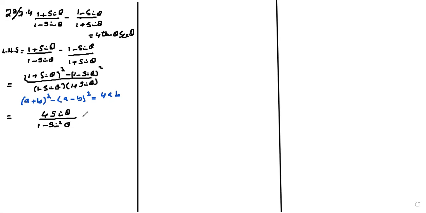So we have 4 sine theta divided by cos square theta. So we have 4 sine theta divided by cosine theta and cosine theta, which equals 4 times sine theta over cosine theta, which is tangent theta, and 1 over cosine theta is secant theta.